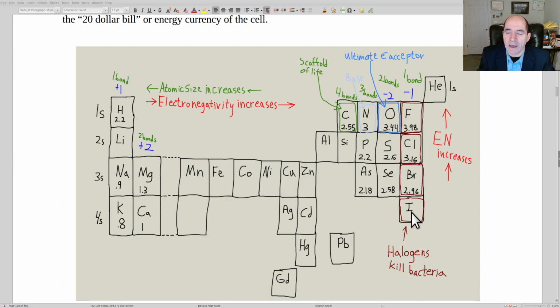I actually like the iodine prep better than the modern chloroprep. But anyways, you need to know that oxygen has a super high electronegativity to grab electrons, and that's what enables it to be the ultimate electron acceptor in electron transport inside mitochondria, and that's why oxygen is essential. Humans can't live without it.